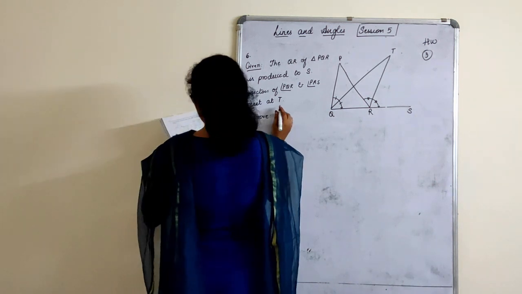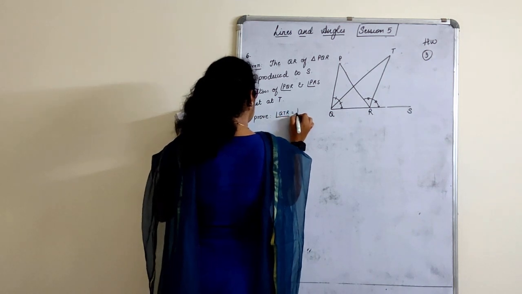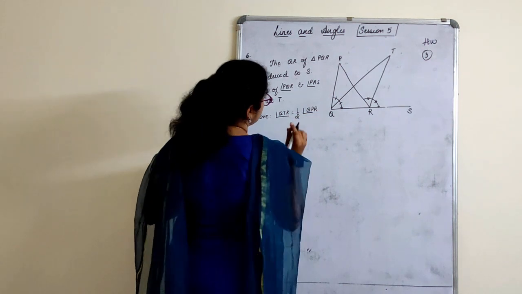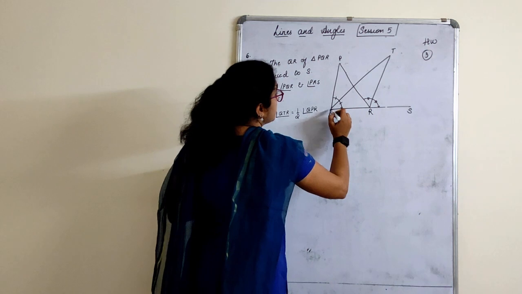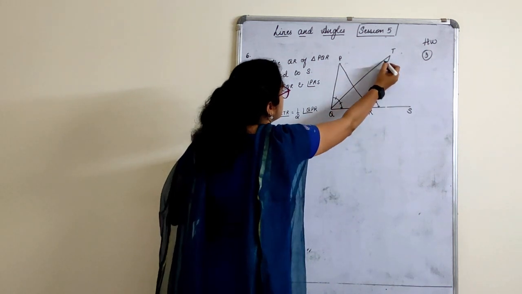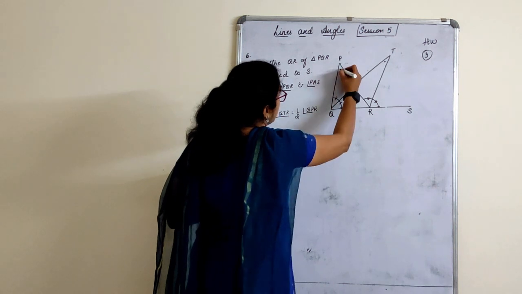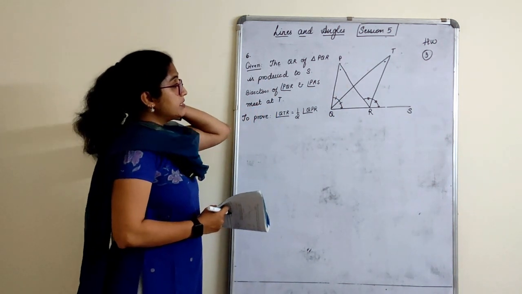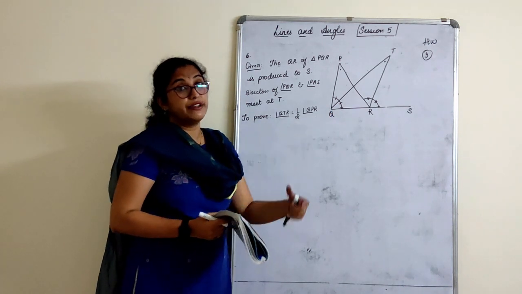What we have to prove? Angle QTR is equal to half angle QPR. So we have to prove that angle QTR, that is this angle, is half of angle QPR. This, right? So let's see how to start about this. When you look at this sum, you see that there are two sets of different triangles.